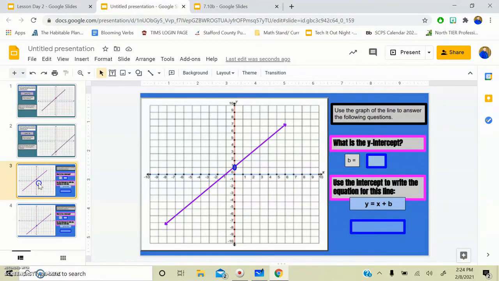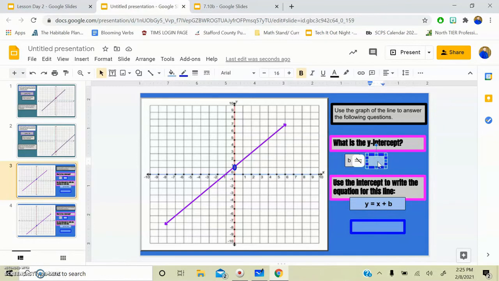If we take a look at this type, this already has my line given to me, and we already have one of the circles given to us. So what I want to do is pull out my y-intercept. I see that on this graph in particular, my y-intercept is at positive 1.